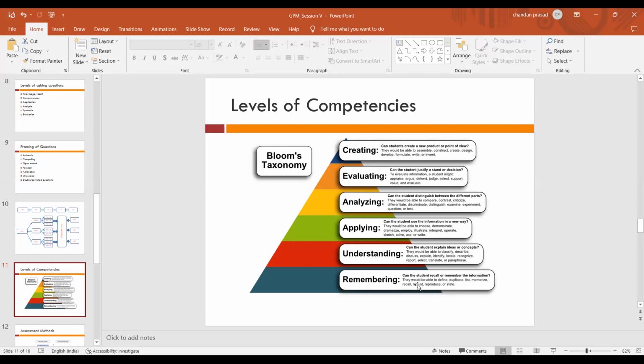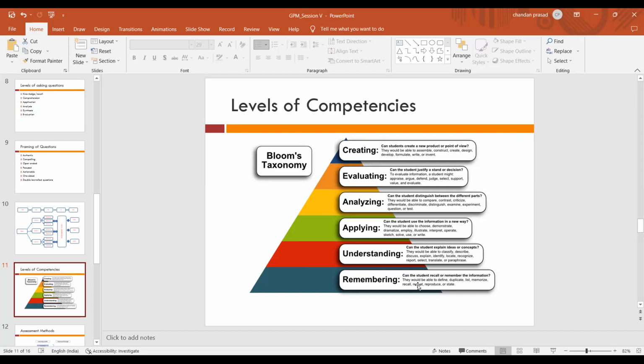Comprehension or understanding. Here ideas are organized. Say, for example, I ask a question: how do you improve the groundwater level?